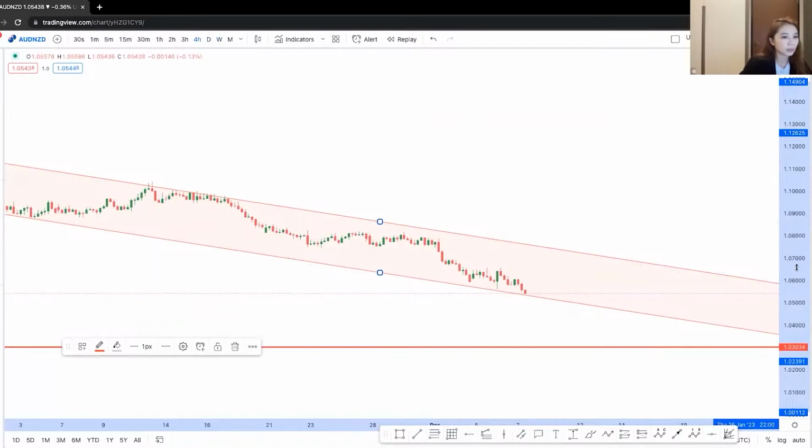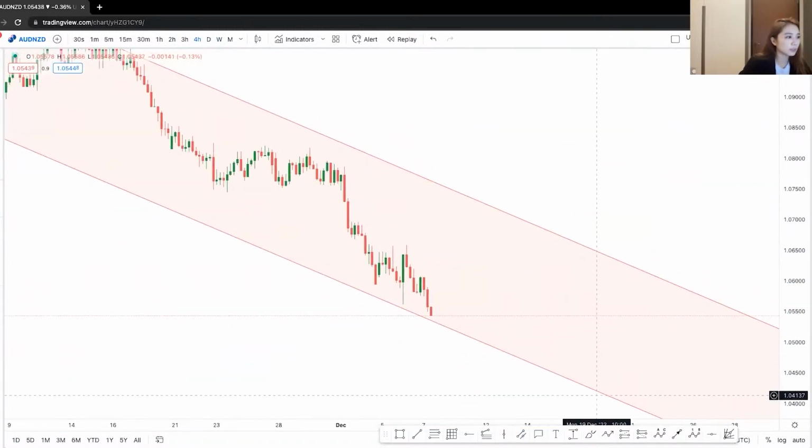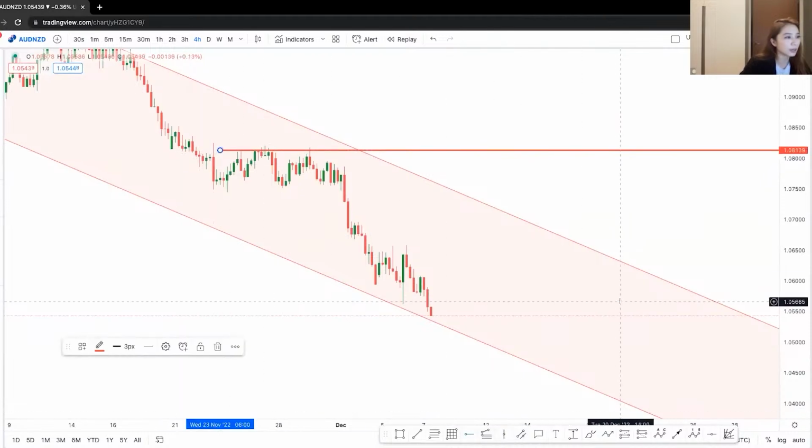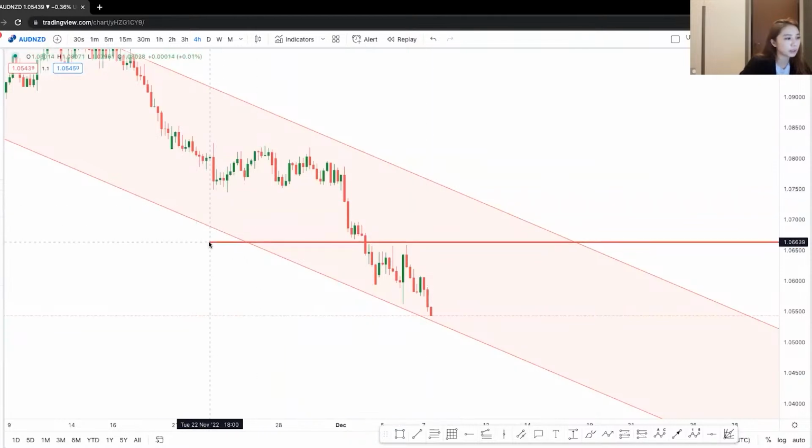So look at H4. I would say even though it is a downtrend, it is looking at a possibility of short-term recovery, short-term retracement.